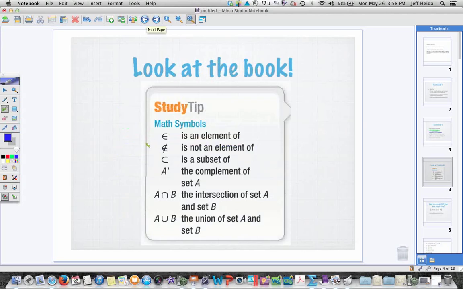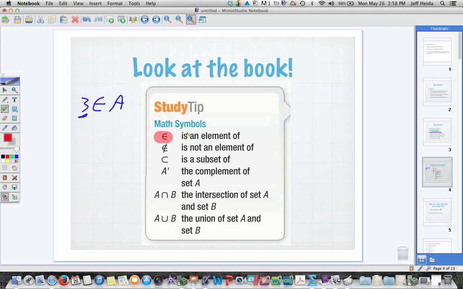Okay, so this is straight out of page P4 in your book, and it explains what all of these various terms mean. The funny looking E means "is an element of." So if I were to write 3 is an element of set A, that means set A has an element of 3. The key point here is an element is just one term.